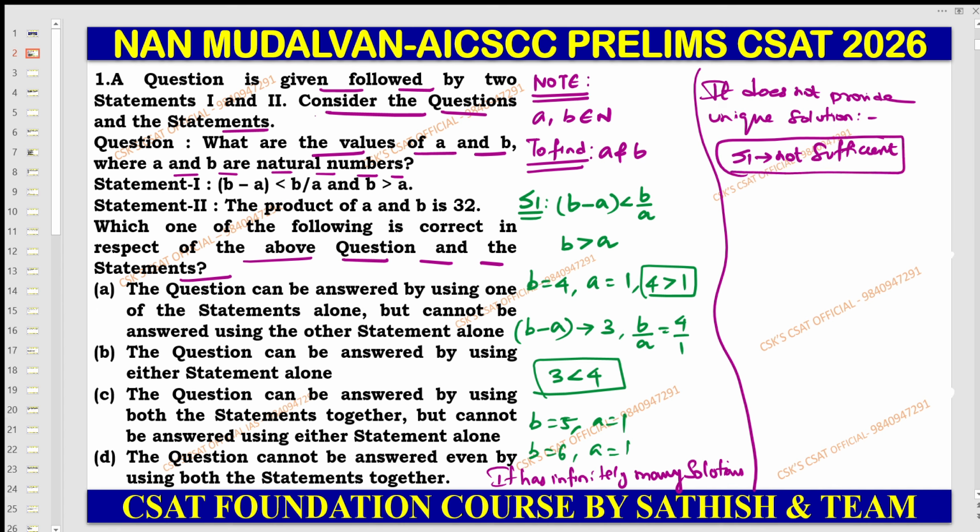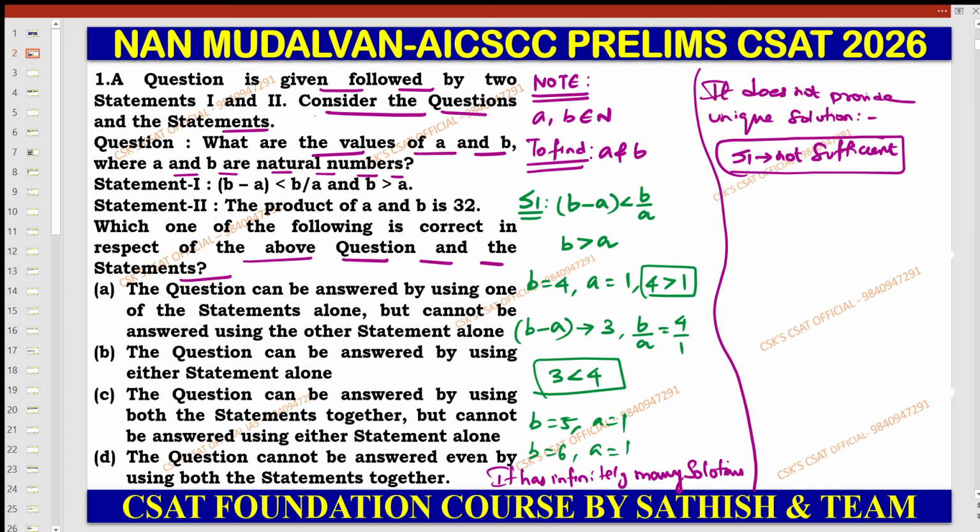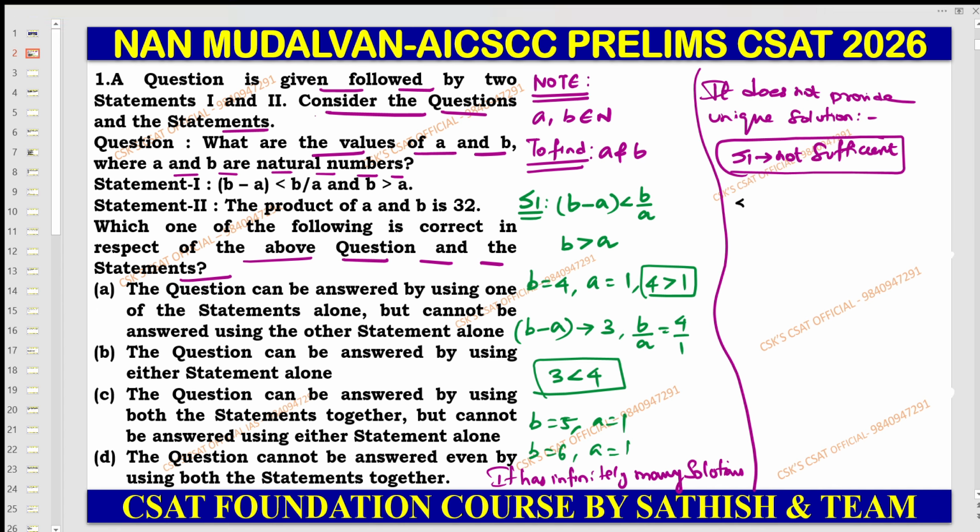Now let's focus on statement number 2. Statement number 2 says a into b is equal to 32. So you can have the values 1 into 32, 32; 2 into 16, nothing but 32; 4 into 8, nothing but 32.